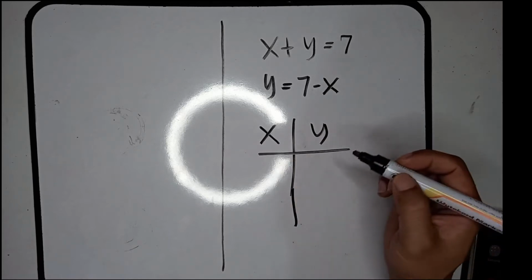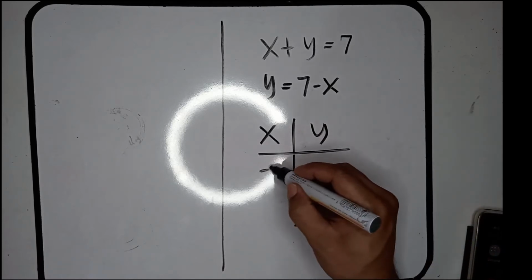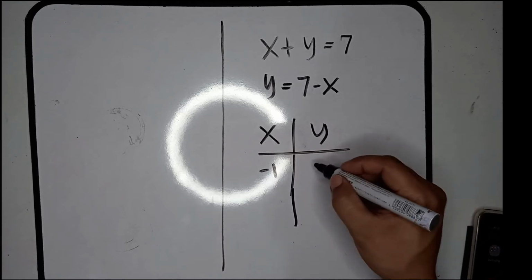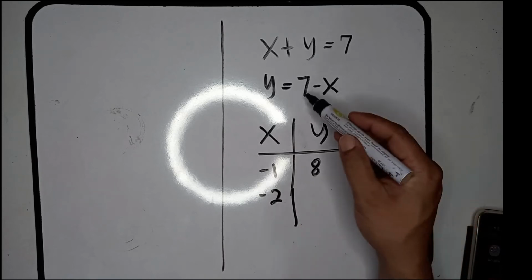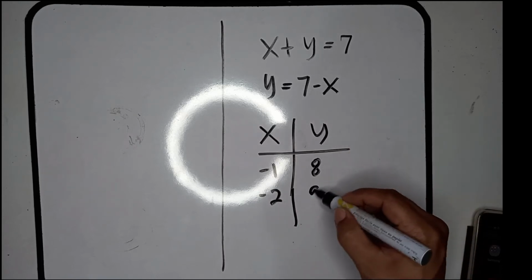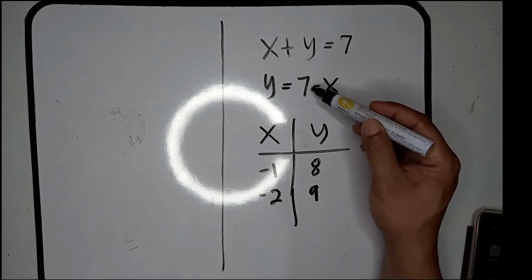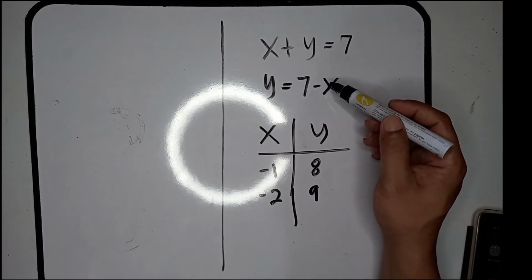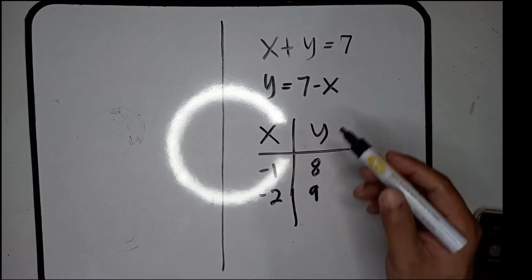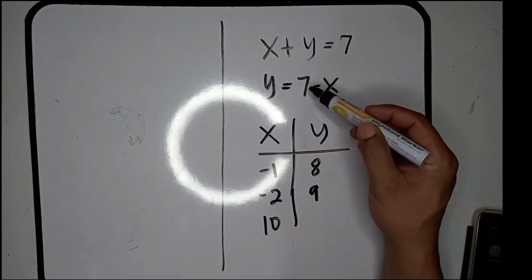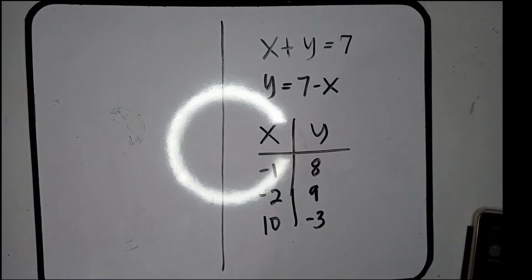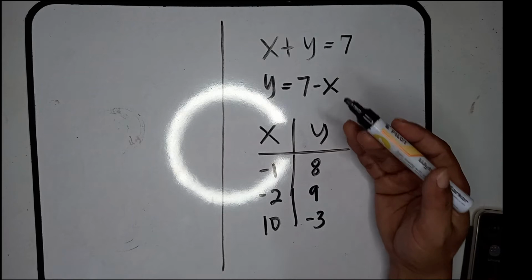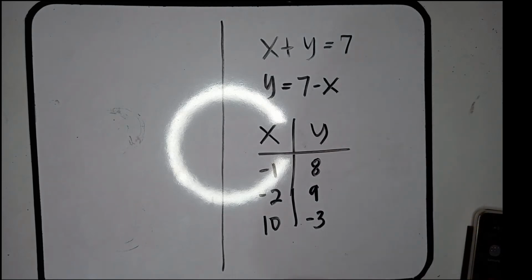So let's say we have -1 for x, 7 minus -1 will become 8. And then let's say we have -2, and then this will become 9. Or let's say we have 10 for our x, and then 7 minus 10 is -3. So you can write a table similar to this, and then you can plot it on our graph.